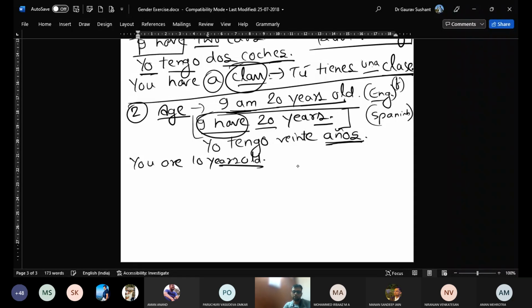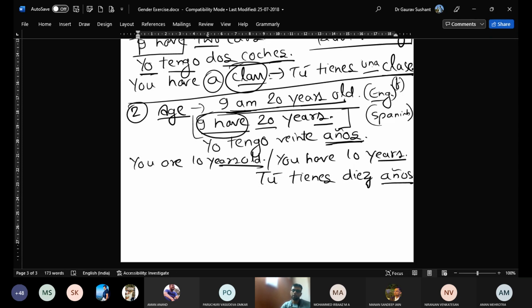In Spanish, you say you have 10 years. No need to use old or anything else. So it comes out as tú tienes 10 años. This is the way to tell the age.